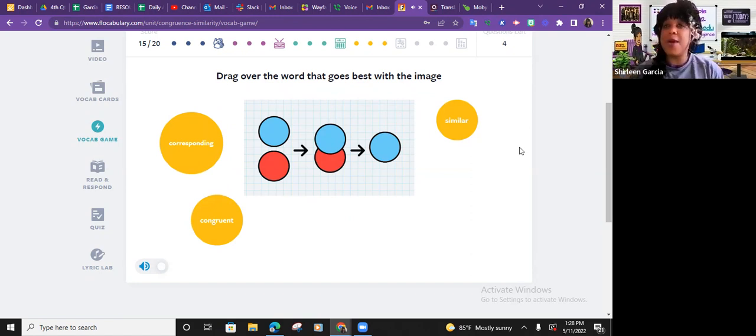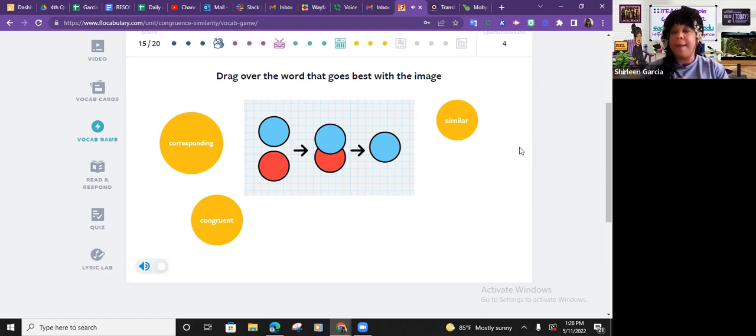It is similar, but what's the math term for when it's similar? When you put the shapes on top of each other to see if they are what? That fancy word. They are similar, but they're exactly the same size. They're exactly the same shape.